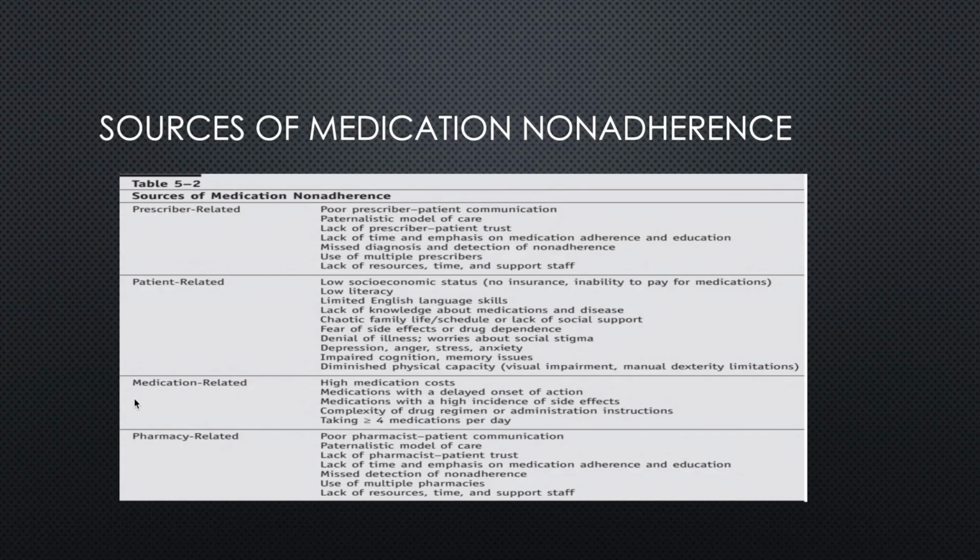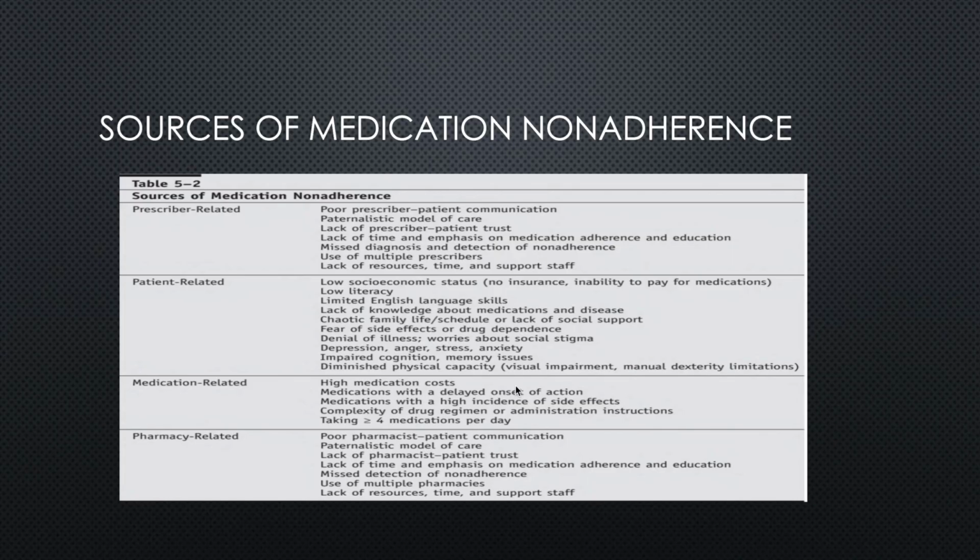Next, we have our medication-related source. This has to do with the medication itself, and this could be due to, again, costs. They may not have the ability to pay for the medication.